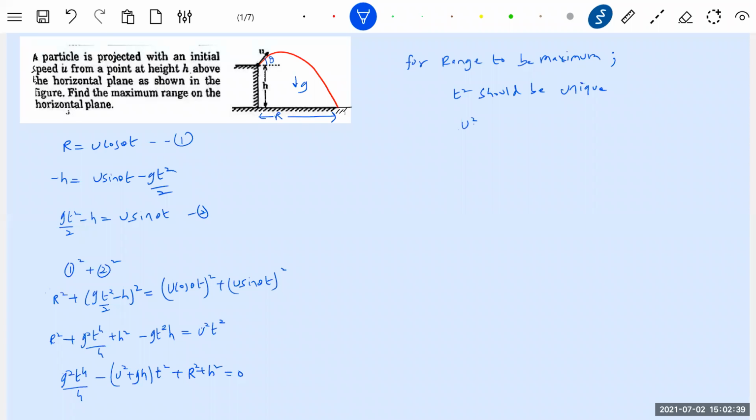So therefore, what shall we write here? B square, this will be 2 u square plus gh whole square, minus, anyway, negative sign will be adjusted, 4 into, 4a, what is the value of a, g square by 4, c is r square plus h square.